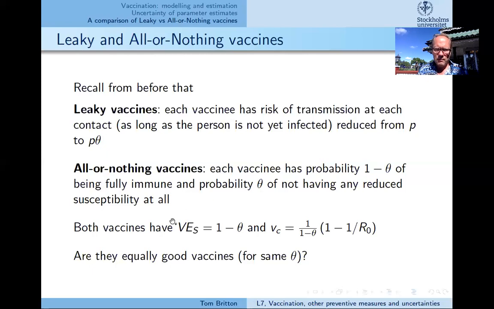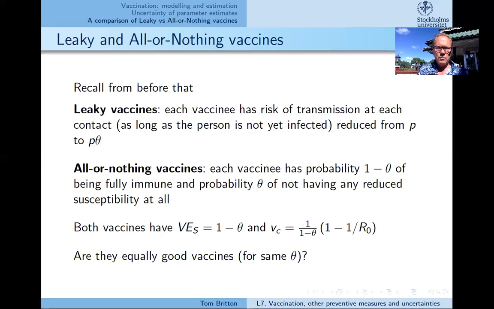So both of these have the same vaccine efficacy with regards to susceptibility, and it equals 1 minus theta. And the critical vaccination coverage is 1 over 1 minus theta multiplied by 1 minus 1 over R naught. Well, then the question is, are these two vaccines equally good?